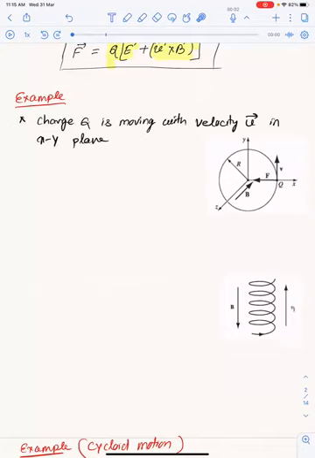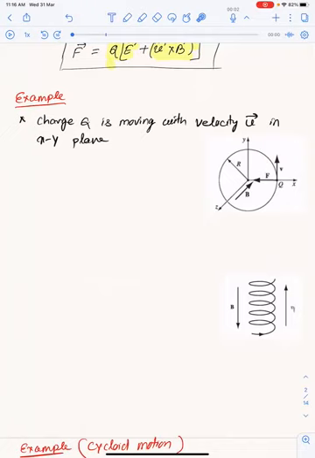So there will be a force which is V cross B, and V cross B in this arrangement will point inward. So the force direction will be towards inside. Since the magnetic force makes the particle drift perpendicular to its velocity, it will execute a uniform circular motion where the magnetic force provides the necessary centripetal acceleration.